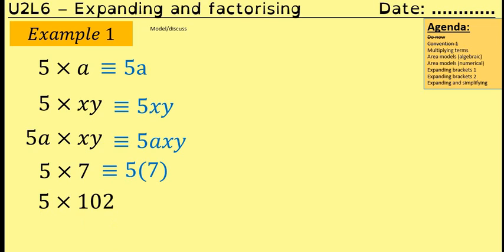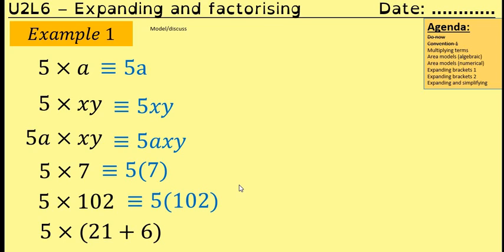So if I had 5 times 102, I wouldn't just put 5102 as my answer. It would have to be 5 and then in brackets 102 to show that these 2 things are being multiplied together. Because we know 5 times 102 is not going to be 5,102. And then for this last example, I have 5 times and then 21 plus 6.